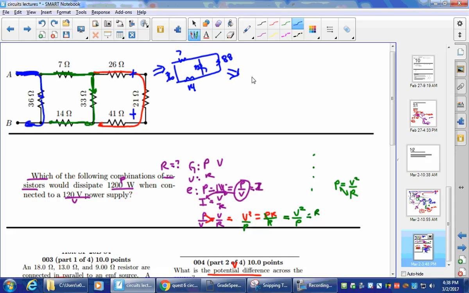So let's see. You're going to break these down by combining the circuits. So 1 over 88 plus 1 over 33. And then you flip that answer.